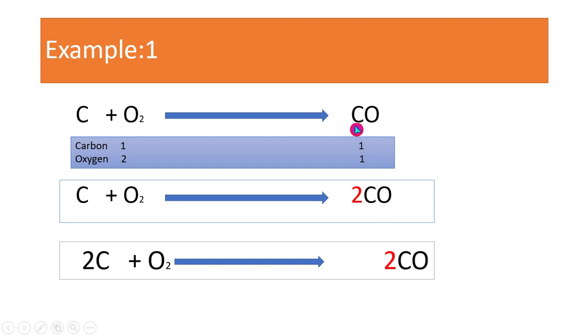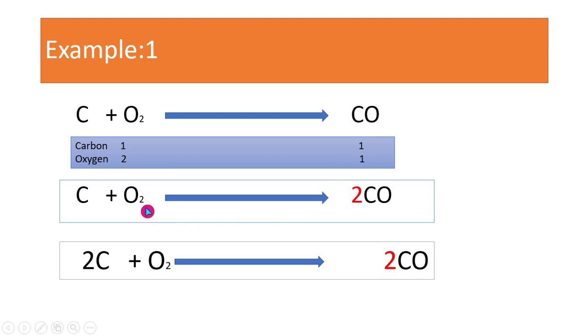So, the carbon atoms are already balanced. And we see that the number of oxygen atoms in reactants is 2 and in products is 1. So, we now balance the number of oxygen atoms.